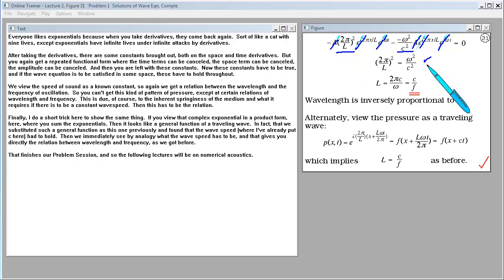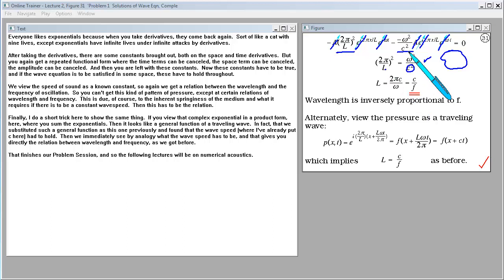Now, these constants have to be true, and if the wave equation is to be satisfied in some space, these have to hold throughout. We view the speed of sound as a known constant, so again we get a relation between the wavelength and the frequency of oscillation.